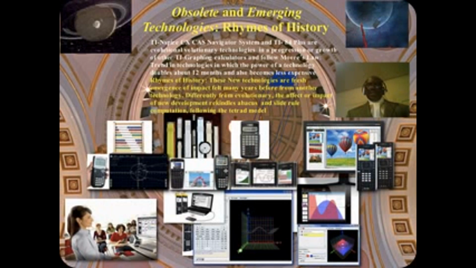The identified technologies above exemplify a rhyme of history as they are a fresh emergence of impact felt many years before from other technologies such as the abacus, slide rule, and scientific calculators. Mark Twain put it appropriately: history doesn't repeat itself. At best, it sometimes rhymes.